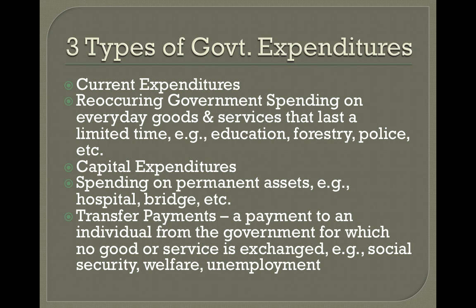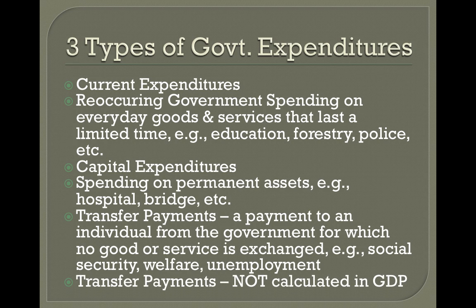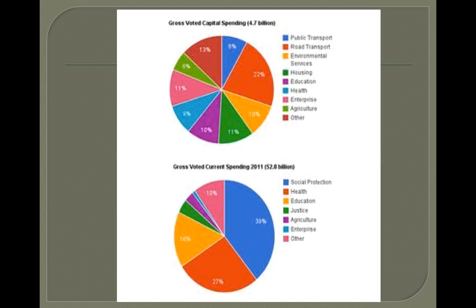These are just different examples of transfer payments. So again, the three types of expenditures are current, capital, and transfer payments. Just a quick note, transfer payments are typically not calculated in GDP. They're left out. More on that later.